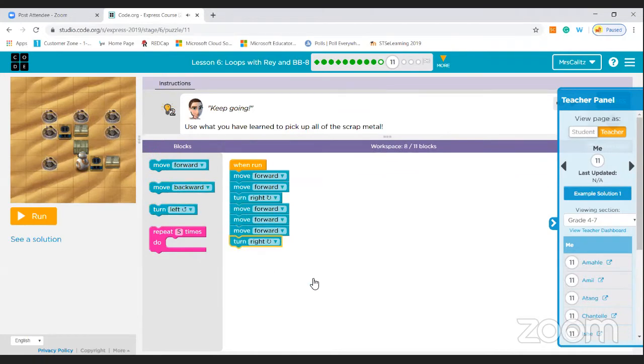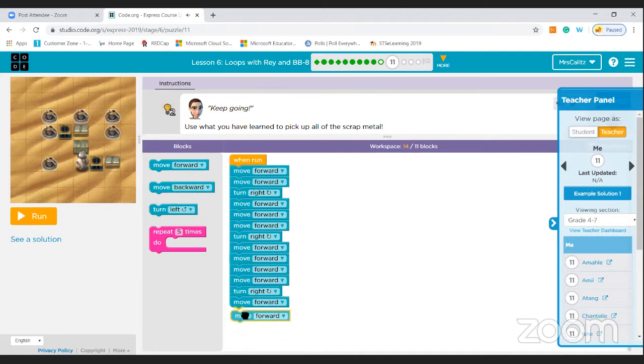Yeah. And then you move forward 4 times. Move forward 4 times. 2, 3, 4. Yeah. And then? Turn right. And then you move forward twice. Okay, but now see, we're only allowed to use 11 blocks and we used 14.